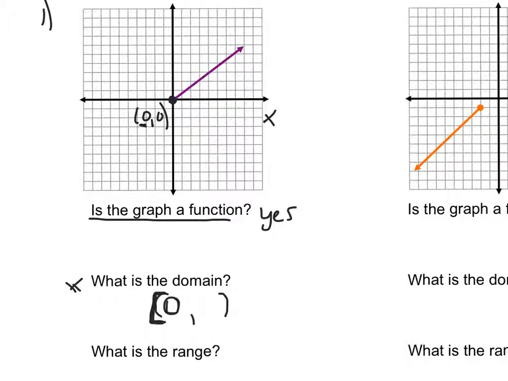Next, this line has an arrow at the end, which means it goes on and on forever to the right, and the x values go all the way to the right. So the domain goes from 0 to positive infinity.